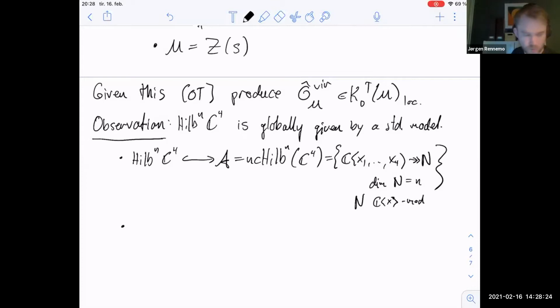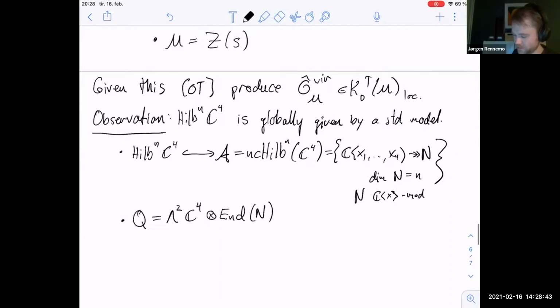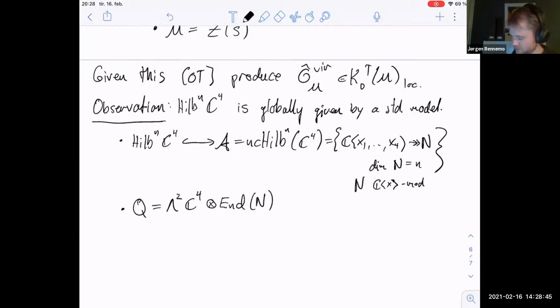Okay, so we need to define a quadratic bundle living on the non-commutative Hilbert scheme. This is the following thing. I'm describing the fibers of this bundle.